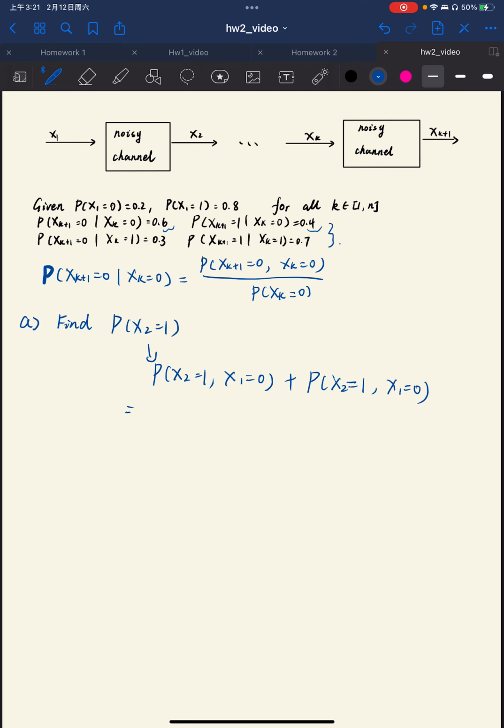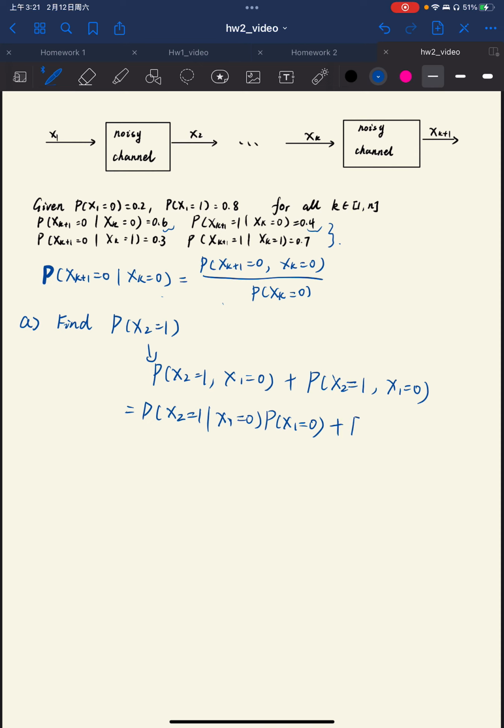And these two can be rewritten with the conditional probability definition as the probability of x2 equals 1 given x1 equals 0 times the probability of x1 equals 0.